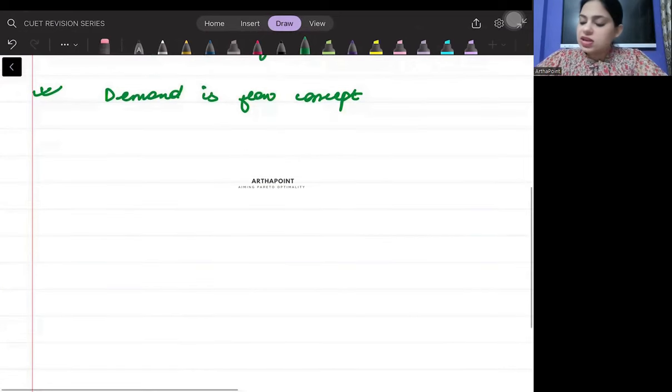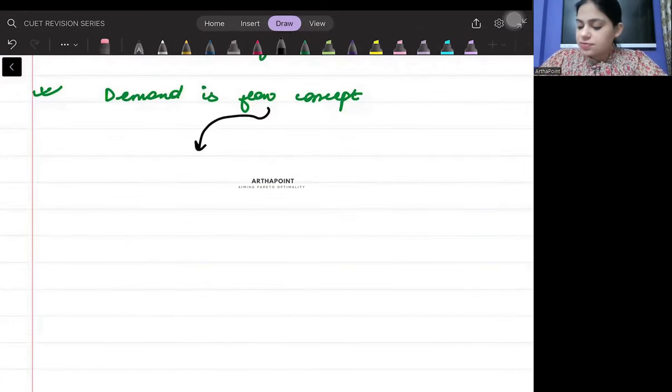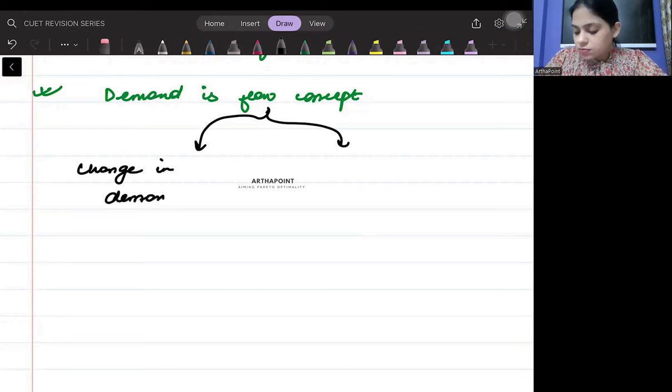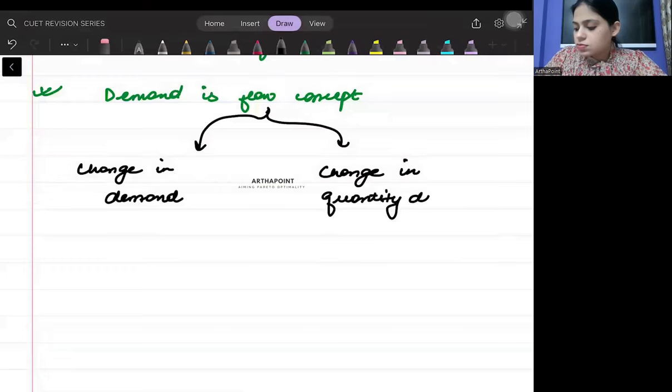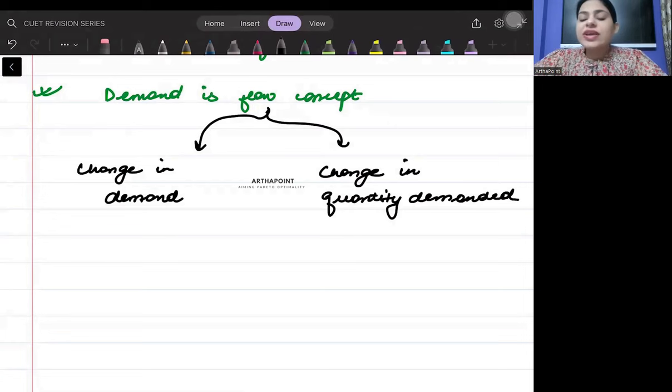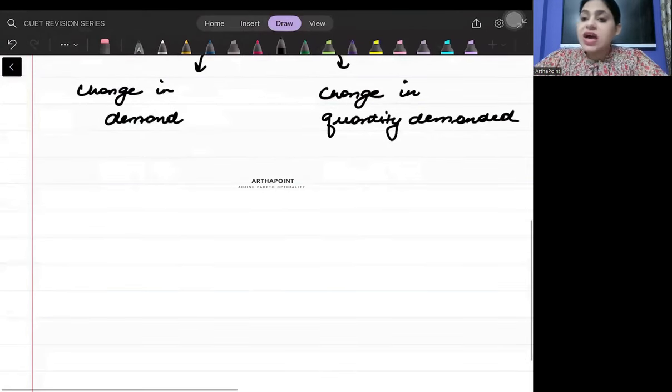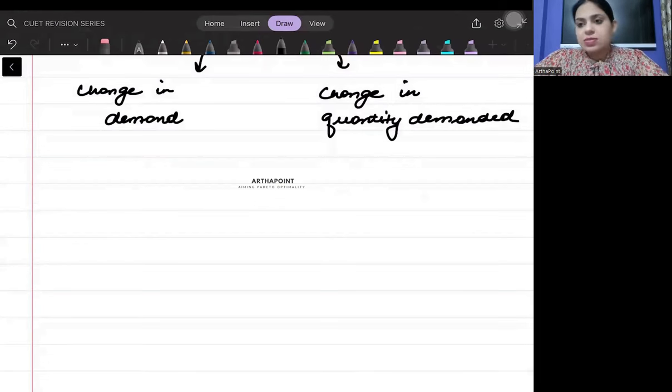And in this case, there are two concepts that we need to understand. Change in demand, change in quantity demanded. Change in demand is due to factors other than price. जब भी demand change होगी due to income, taste, preferences, तो वो हो गया change in demand.